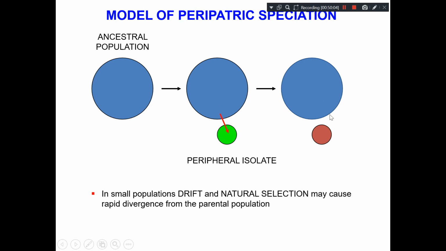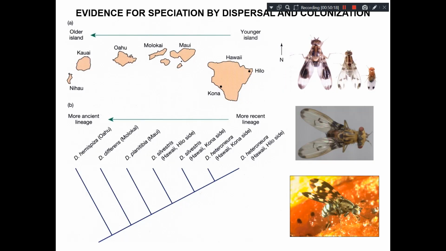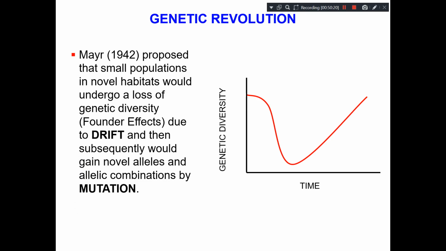This is also speciation by gradualism. But in between, if a small population drifts from the main and if it is selected by nature, then it is known as peripatric speciation. So ultimately, in summary, I may say that speciation is a revolution.